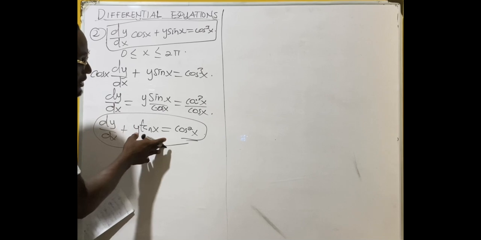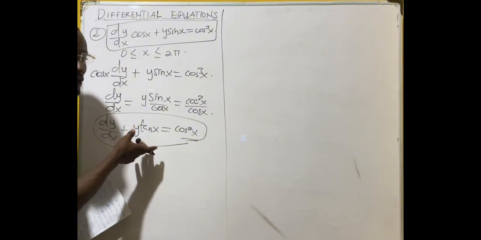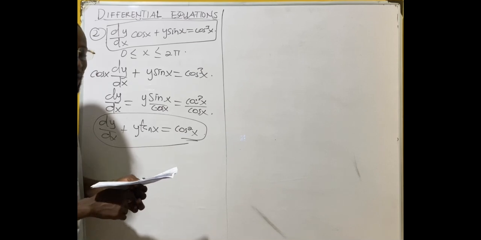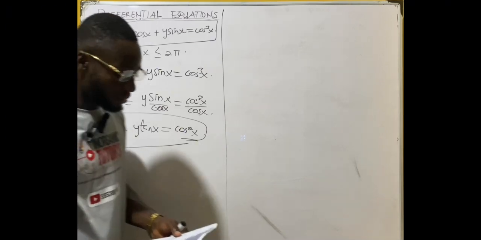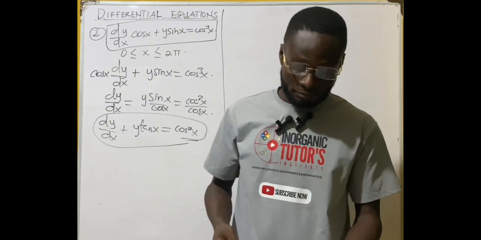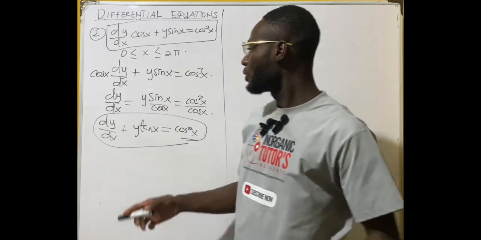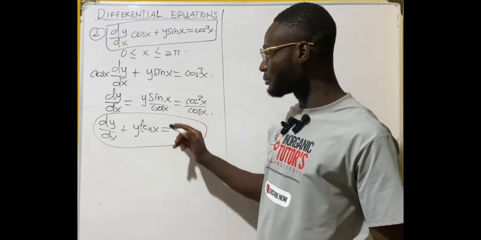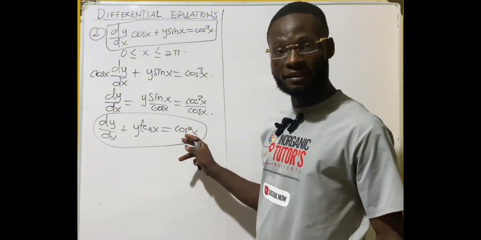Now, does this represent the separable method, linear differential equation, or homogeneous method? Basically, we can talk about linear differential equation in here, right? So we can say that this is a linear ordinary differential equation because the degree is 1 and it's a first derivative, right?